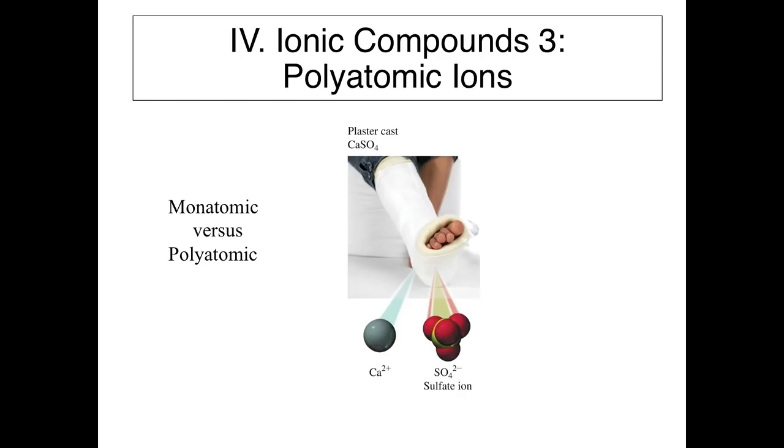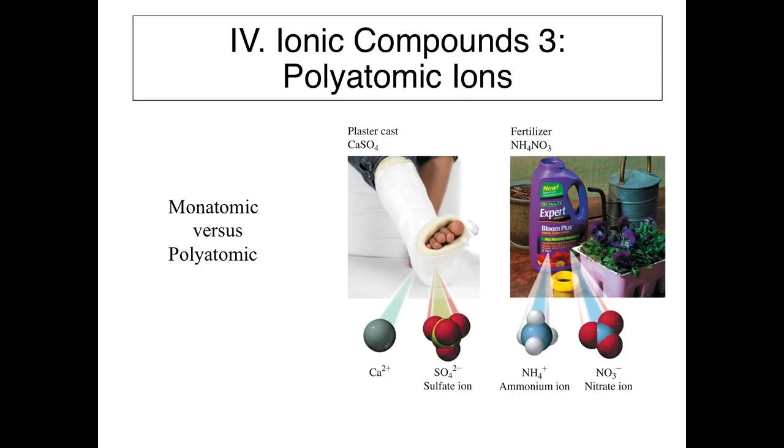Ca is your ion and SO4 is also your ion in this compound. Your positive charge, your cation, is calcium, which is only one type of element. That's called a monoatomic ion. Whereas sulfate is composed of multiple atoms. Because it is composed of multiple nonmetals with one single charge, we call that a polyatomic ion.